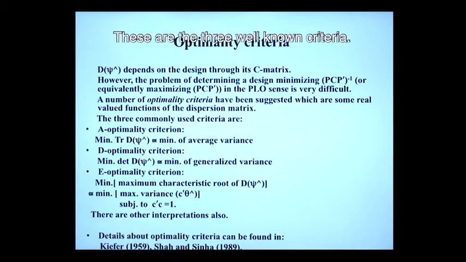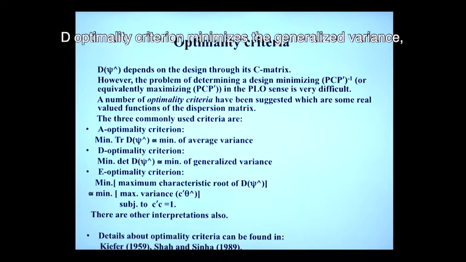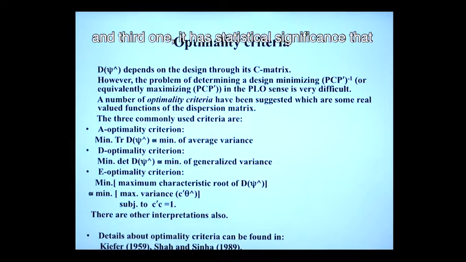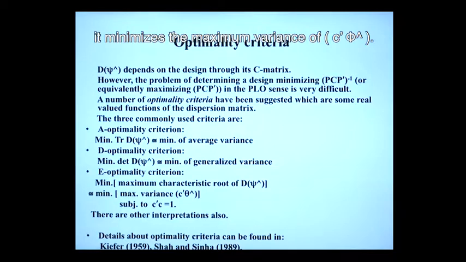These are the three well known criteria. The first criteria in fact minimizes the average variance of all elementary treatment contrasts. D optimality criteria minimizes the generalized variance, and the third one has statistical significance in that it minimizes the maximum variance of c prime theta hat.